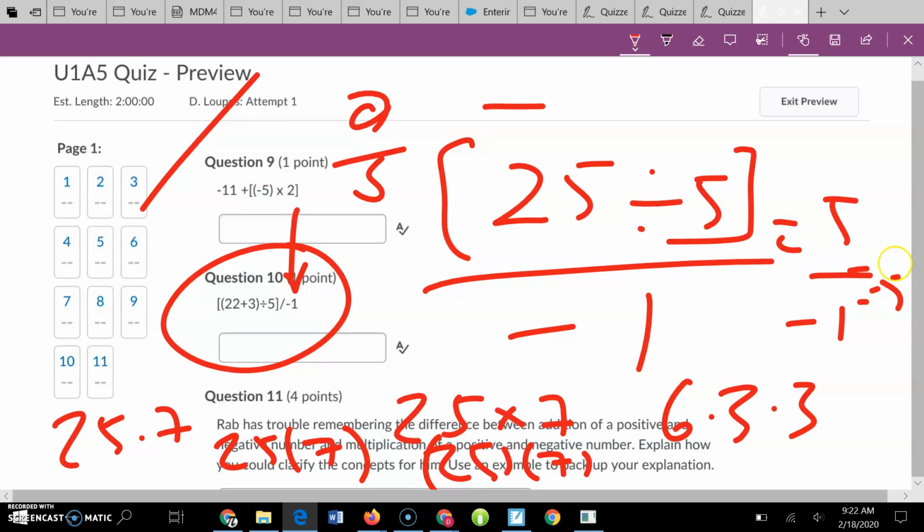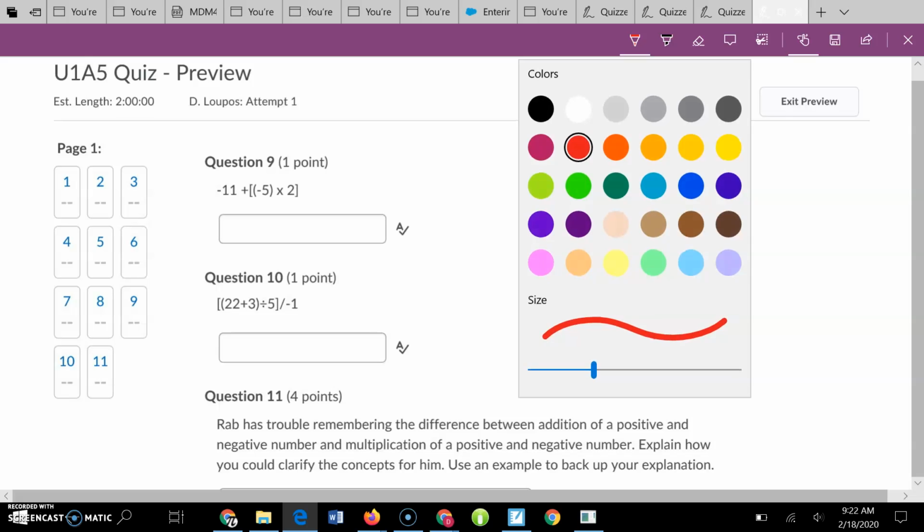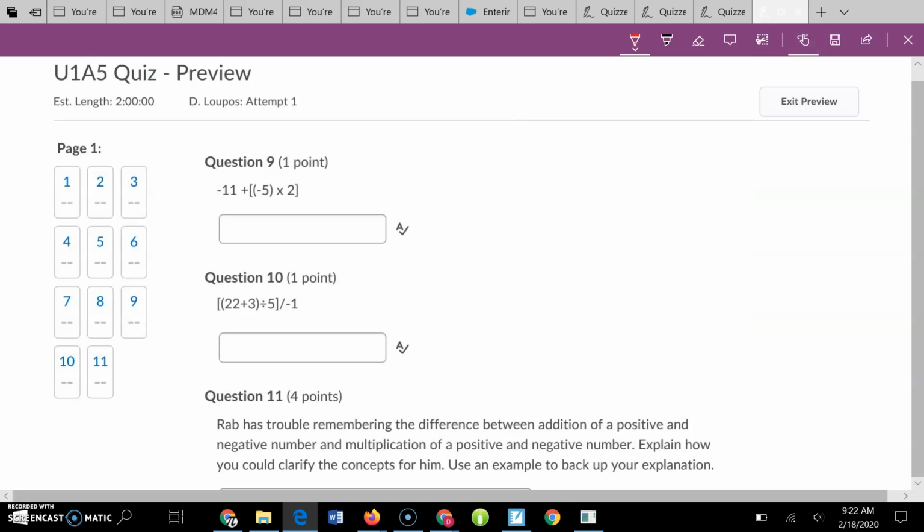Okay. The last question is talking about adding and subtracting negatives versus multiplying negatives. So let's go here. Addition of a positive and negative versus multiplication of a positive and negative. What I was looking for here was people use the word absolute, or the term absolute value, which is nice.